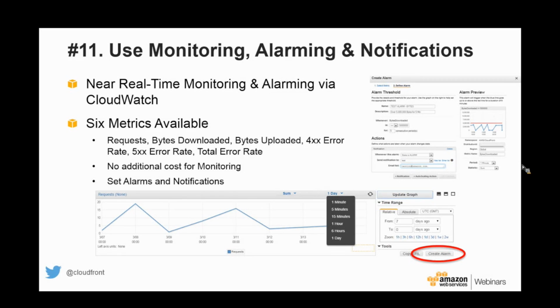You can also configure alarms on these metrics, which is standard CloudWatch functionality with standard CloudWatch pricing. The monitoring itself in CloudWatch has no additional charge, but you can set up alarms so that you get notified when a certain threshold is breached, and then you can take certain action.